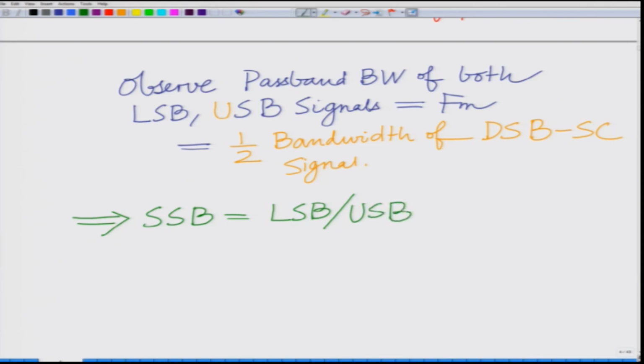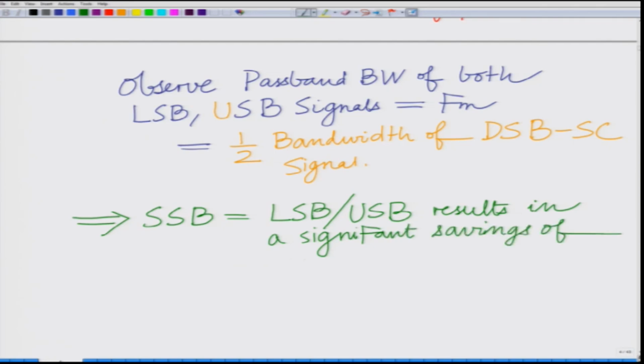Single sideband can be either LSB, that is the lower sideband, or upper sideband, and results in a significant savings in bandwidth.